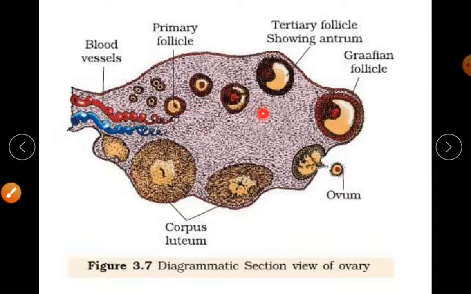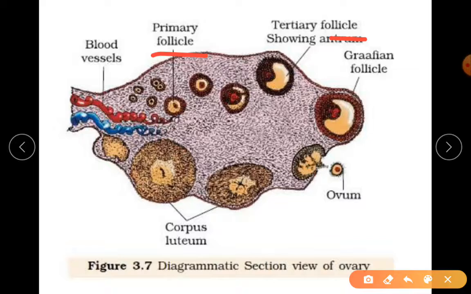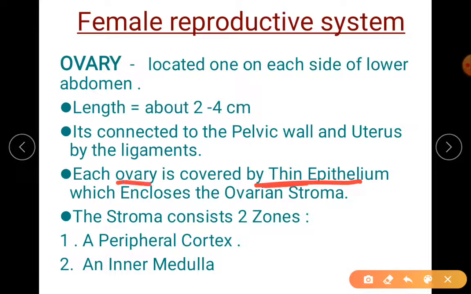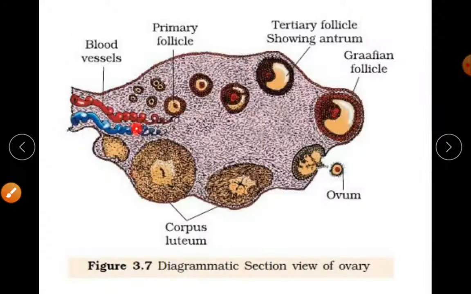There is a region where various stages of follicles can be found. You will understand about that a little later. So please remember, the ovary is covered by a thin epithelium and encloses the ovarian stroma. This whole thing is your ovarian stroma.